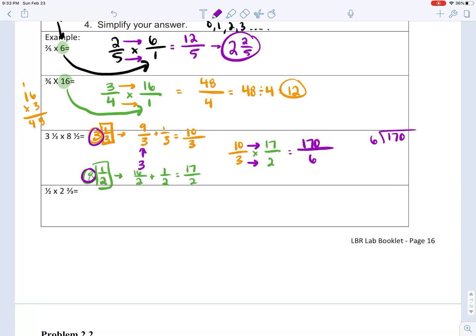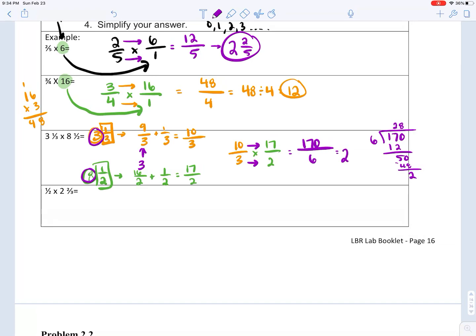So, how many times does 6 go into 17? That's almost 3, but not quite. And then 6 goes into 50 about 8 times. So that is 48. This is not going to be a nice number. And we have a remainder of 2.